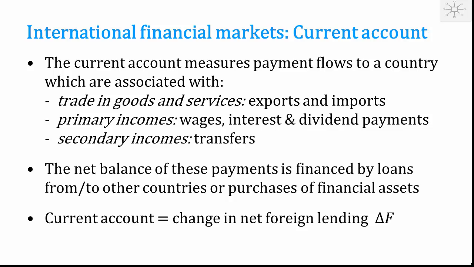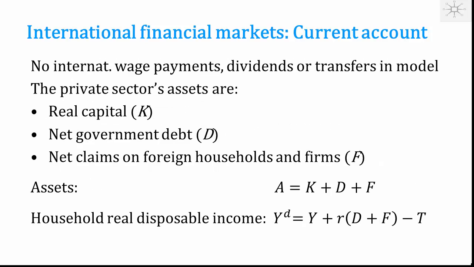And the net balance of these payments is financed by loans from or to other countries, or purchases of financial assets. So the current account is the change in foreign net financial assets, or net foreign lending, and we call that delta F. So in the model, we have no international wage payments because we assume that you work in the country where you were born.